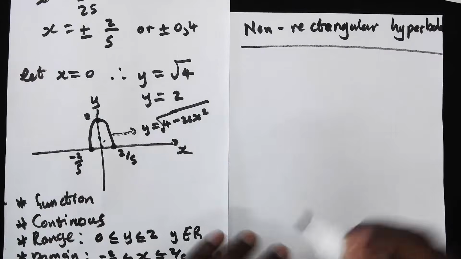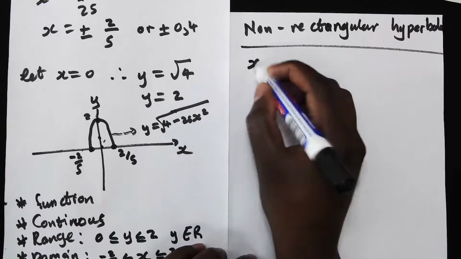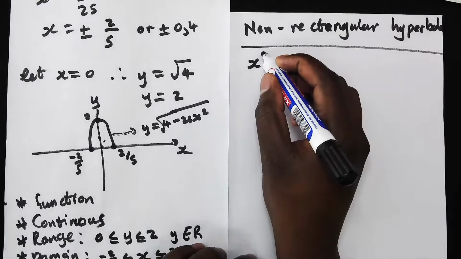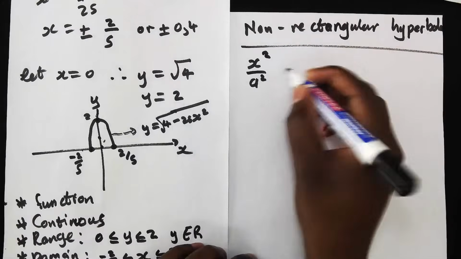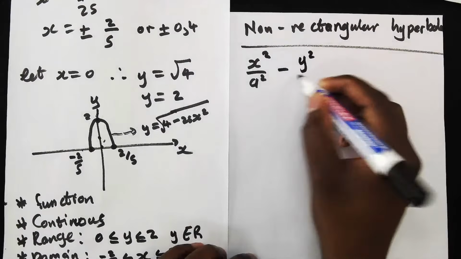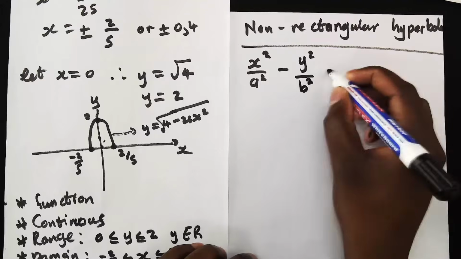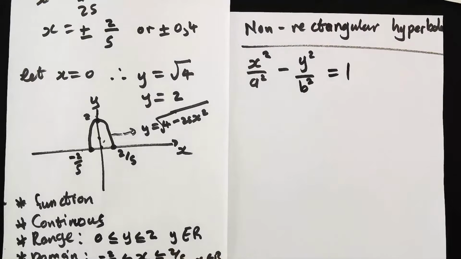A simpler one. But the general equation is given by x squared over a squared minus y squared over b squared equals 1. So I want to draw it here for you to look into the difference between an ellipse and a non-rectangular hyperbola.